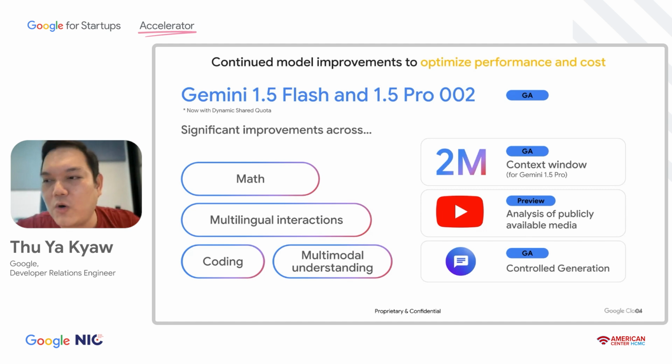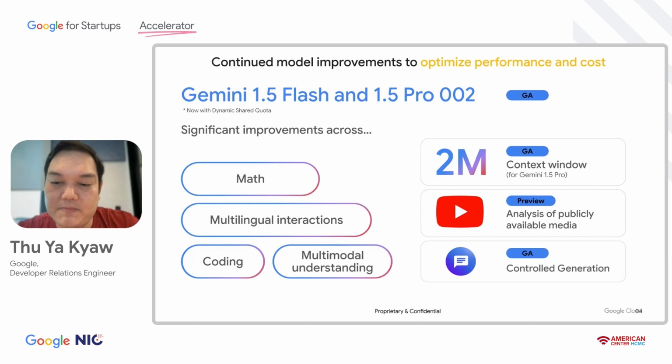But you also have what I would call model extension, right? Where you can start talking about ingesting YouTube videos, getting Google search results and grounding them, and things like that. There's a lot of ecosystem around those models. It's not just the model, but when you choose a generative AI solution, you need to think about what kind of ecosystem it supports, right? Is my model going to support something like function calling, something like controlled generation?